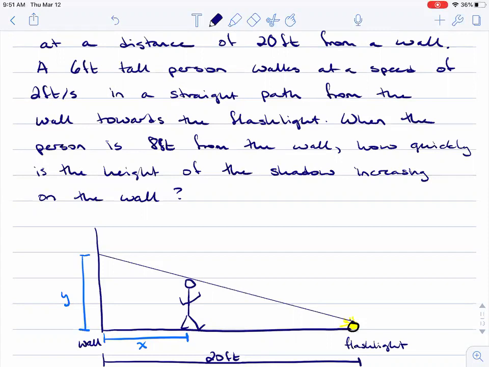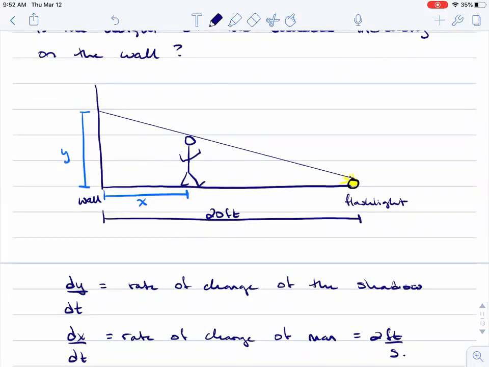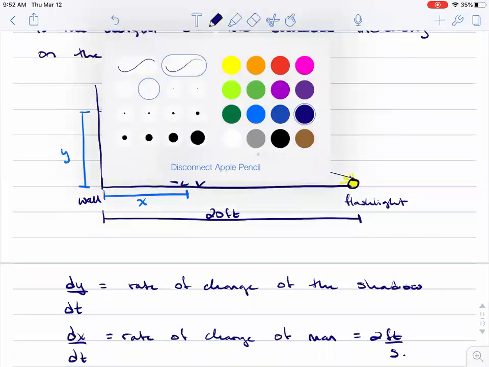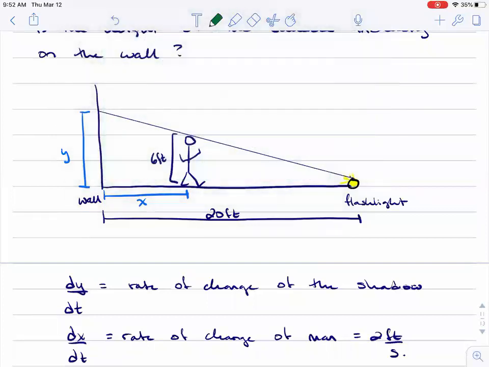So we know dx dt is 2 feet per second, and we want to find dy dt, which means that I need to find some sort of function that relates x to y, and how I'm going to do that is through similar triangles, right? I've got this little triangle here. How can I draw it? Oh, I forgot to put that he was 6 feet tall. So let's do it in green.